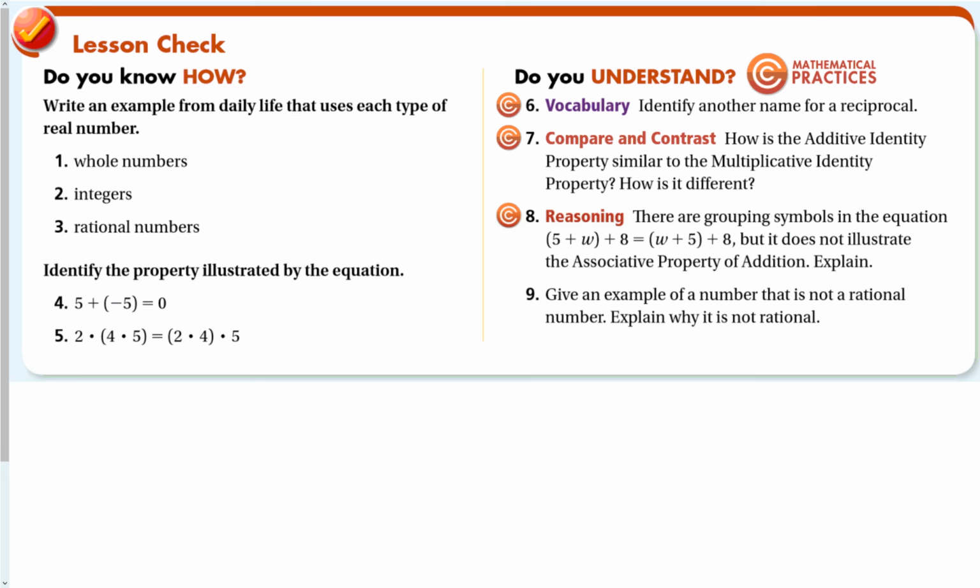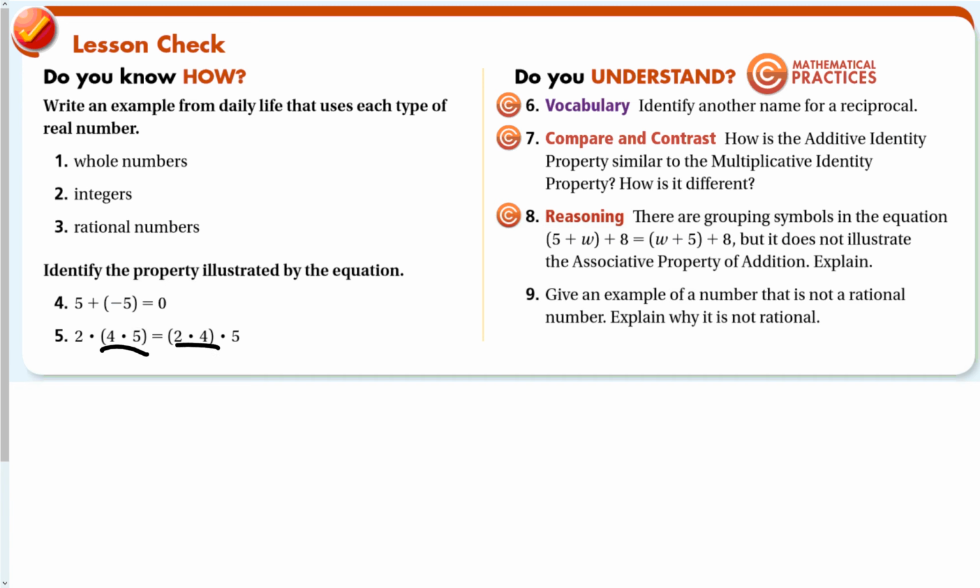Okay, so you can look through some of these lesson check problems to see if there's any that you wouldn't understand. You can think for yourself of something that represents whole numbers, maybe counting things, or think about an example from your daily life that would use each one of those types of numbers. Quick properties. This is the additive inverse, and this is the associative property.